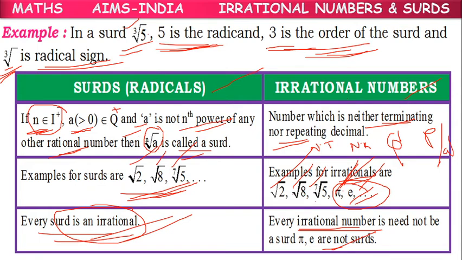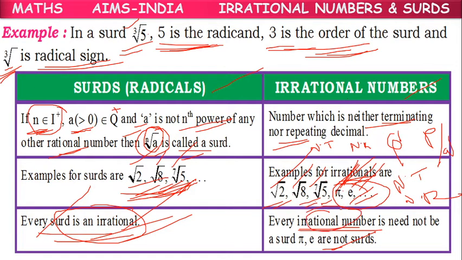So what is the difference? The nth root a form, they are called surds. Non-terminating, non-repeating decimals are called irrational numbers. Surds means all root numbers which do not have exact root values. Irrational numbers means along with the root numbers, we will have pi, we will have e, we will have non-terminating, non-repeating decimals. So all surds are irrational.